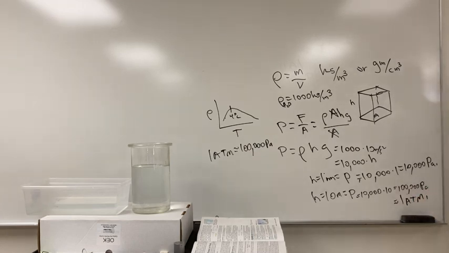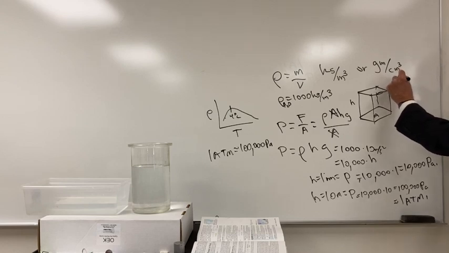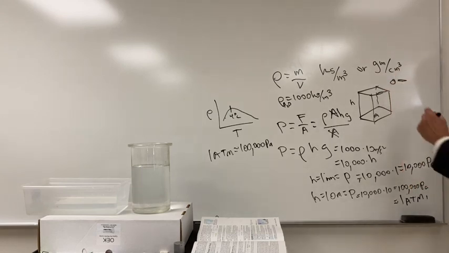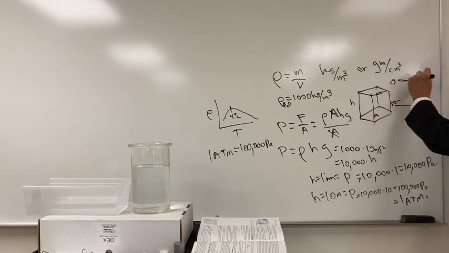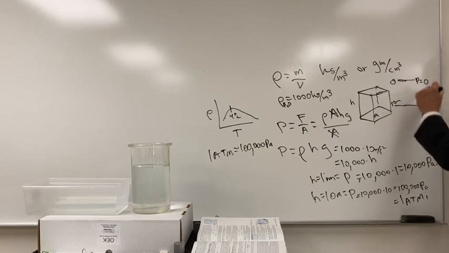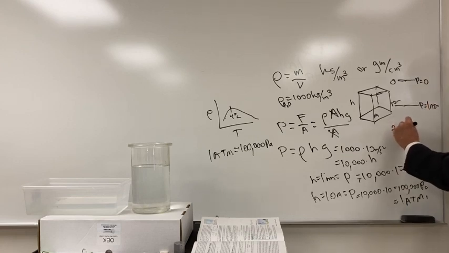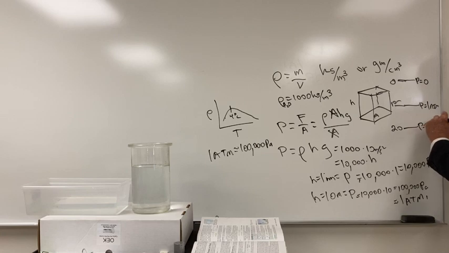What this means is every 10 meters you go down in depth, so this is surface level, we just talked about the pressure. We'll get down to 10 meters. Here's the pressure. P is 0, just the water. P here will be 1 atmosphere. Go down 20 meters, P will be 2 atmospheres, and so on.